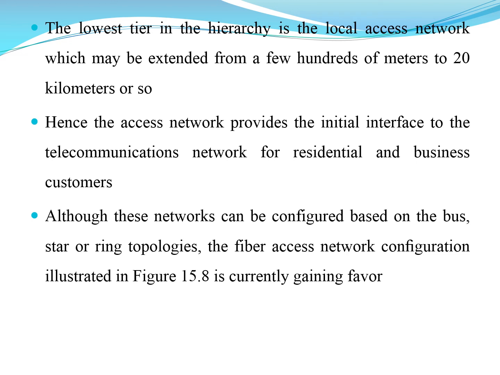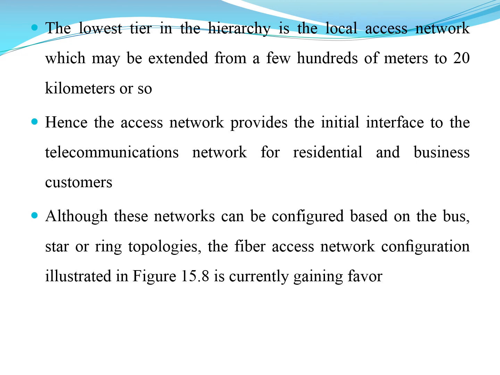The lowest tier in this hierarchy is the local access network, which can extend from a few hundred meters to 20 kilometers or so. This access network provides the initial interface to the telecommunication network for residential and business customers.